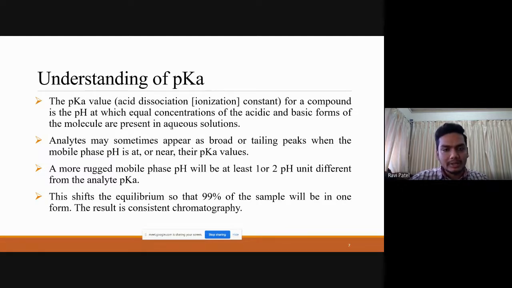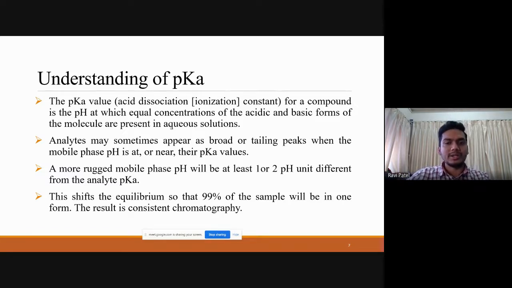So it is ideal to select a pH at least 2 pH units different from the analyte pKa. For example, if I have a drug with a pKa of around 5, then it is more suitable to select a pH of 3, which is 2 pH units different from the pKa.